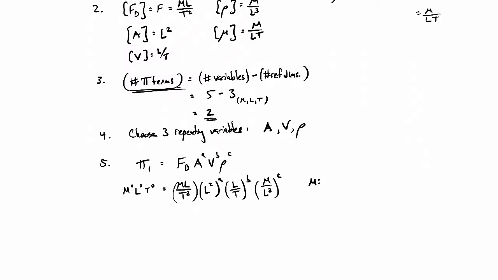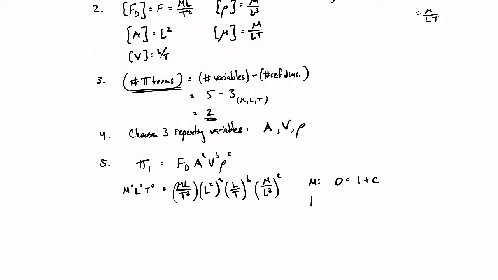So mass terms, and we have a 0 in the exponent over on the left side. The right-hand side, we have a mass to the 1 and a mass to the C. So it'll be 1 plus C. I'm just using the exponents here so that I can make sure that my masses all cancel out ultimately from both sides of the equation.